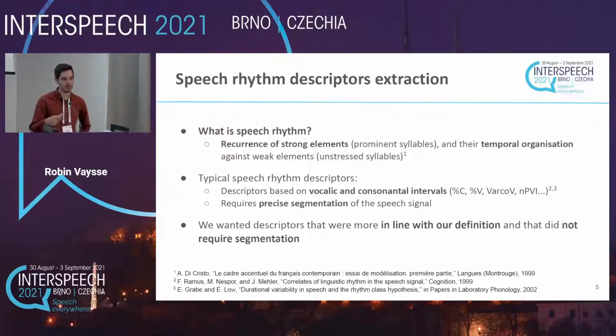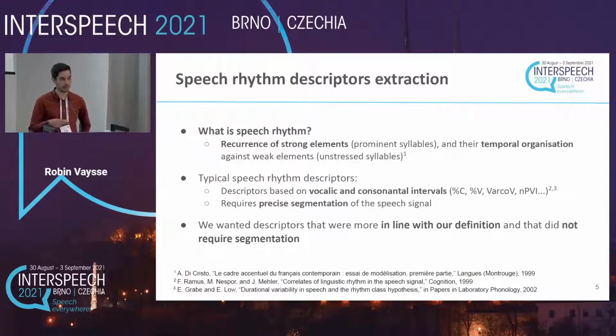But the problem with those classical descriptors is that they require a precise segmentation of the signal into phonemes. But in our case, for people with really low intelligibility, we don't have access to precise segmentation. So it's a problem, and we cannot use all those rhythm descriptors.